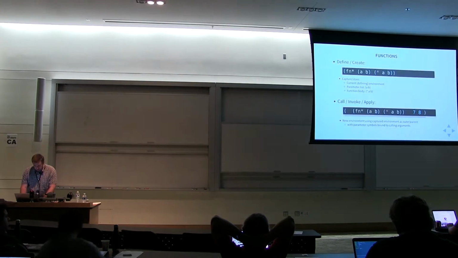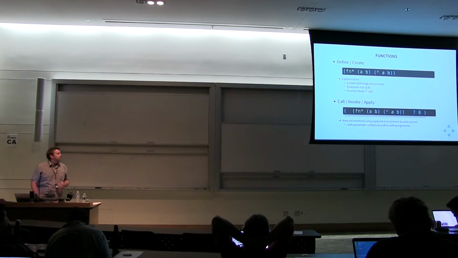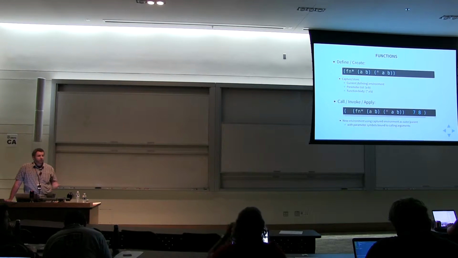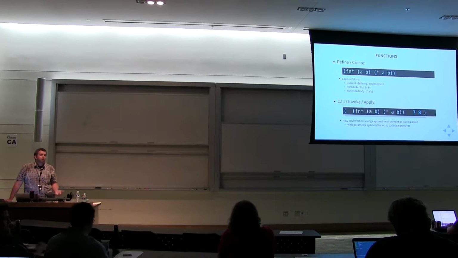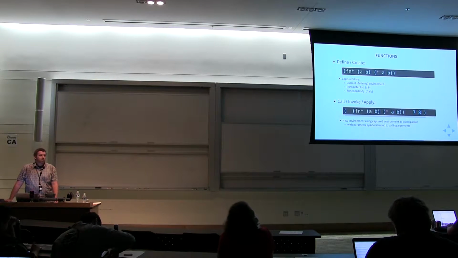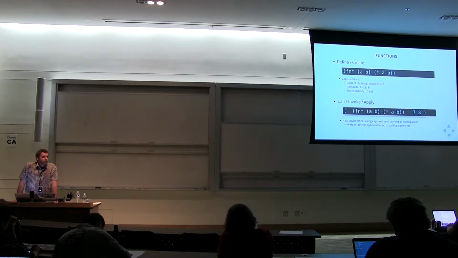Okay. So the next thing we'll talk about is functions. fn* is yet another special form, and as I mentioned earlier, it returns a lambda, an anonymous function. The way it works is the fn* special form doesn't even evaluate its arguments at all.